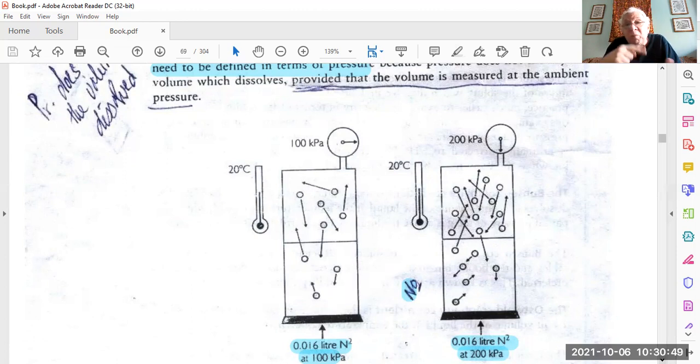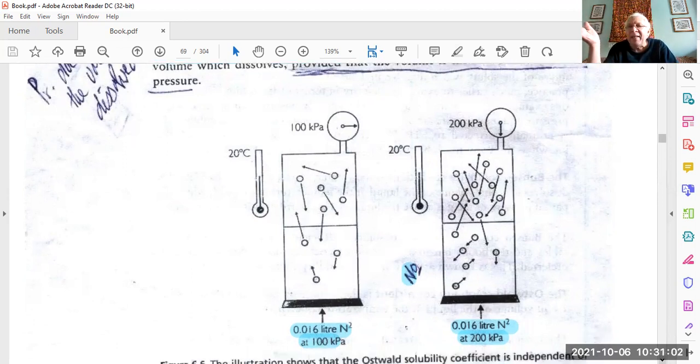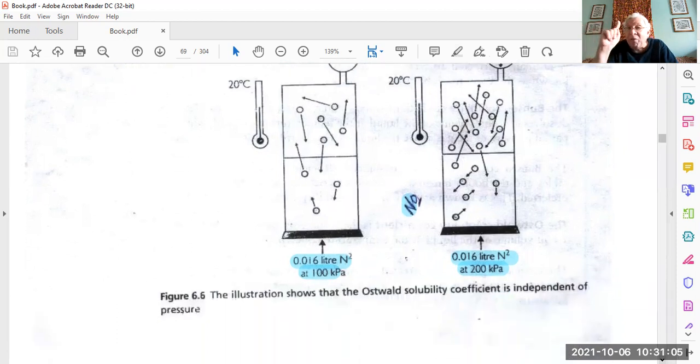But if we use Boyle's law, we can some sort of correct this concept, putting in our mind that الضغط لن يؤثر على الناتج النهائي للحجم, the volume absorbed, not the amount. You must put in your mind the difference between the amount and the volume.